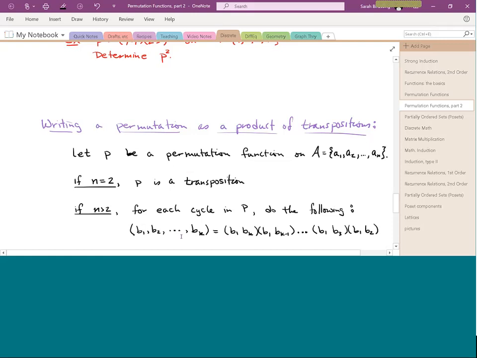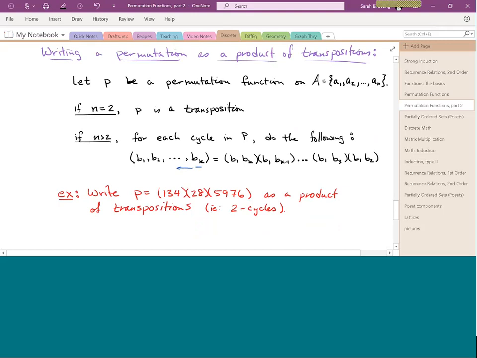So you're literally grabbing the last one and then walking backwards, and your final transpositions would be the first element from the original cycle and then the one right after it. This is not the same as how your author writes it out. There are two ways to do this product of two cycles. This one is the one you see more commonly than the one in your textbook, but both of them will work.